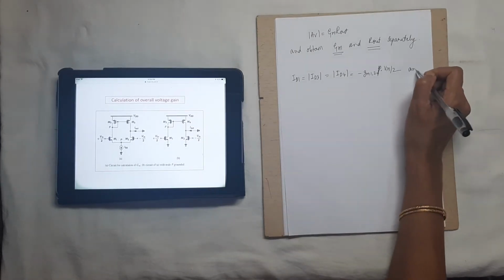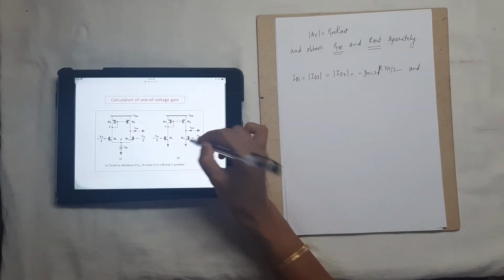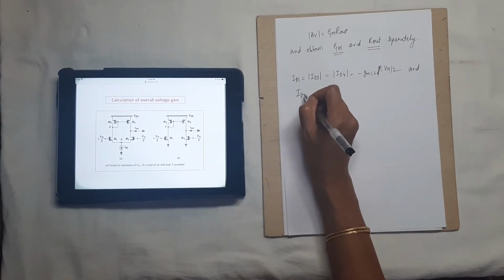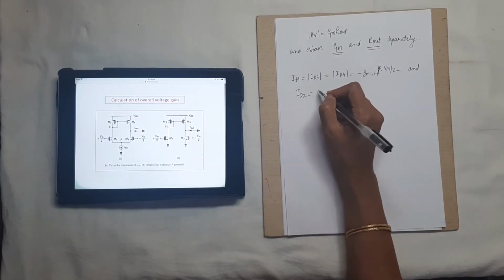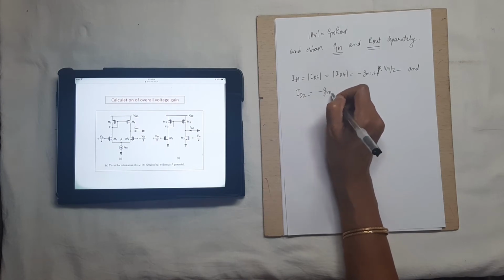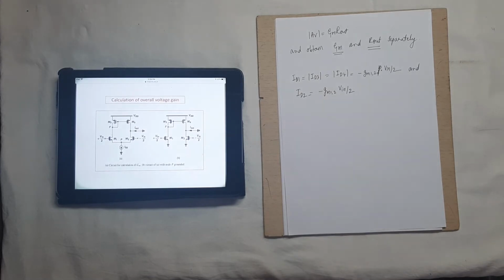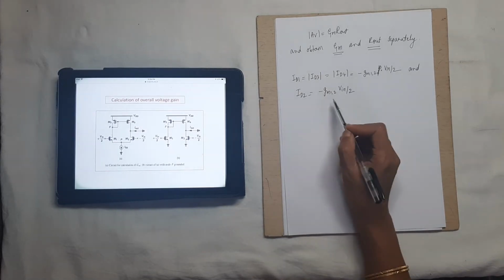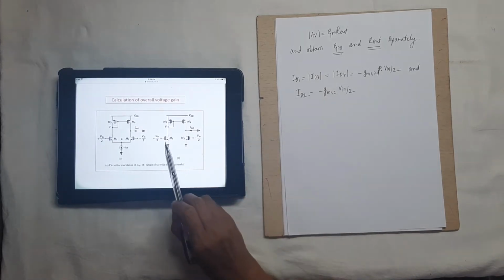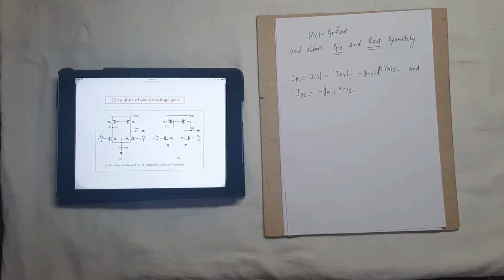Similarly, the current flowing through the transistor M2, ID2, can be written as minus Gm12 into Vin by 2. This Gm12 is the transconductance of transistors M1 and M2.